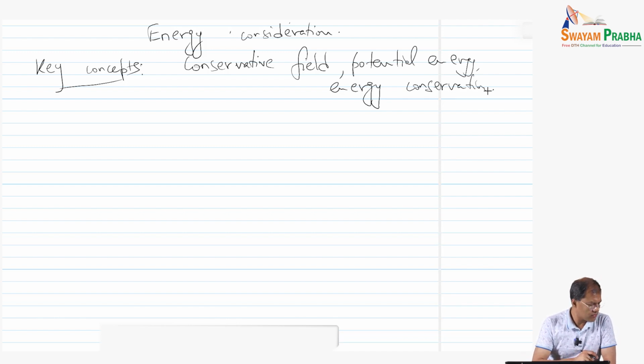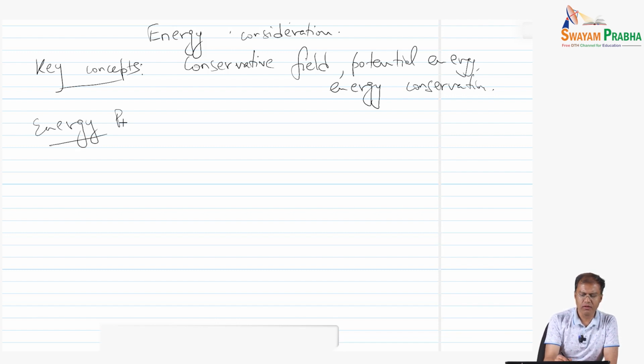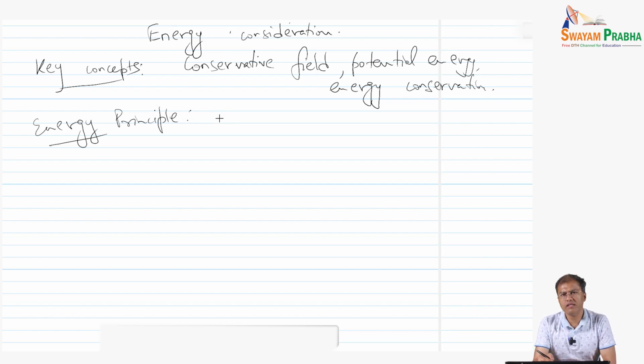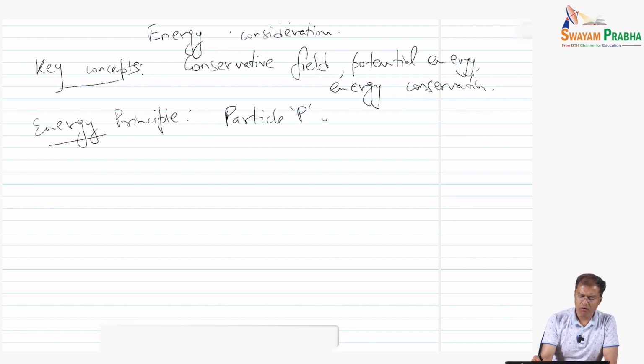Let us go back to our discussion starting from the so-called energy principle. So what does this say? We are going to derive the energy principle through Newton's laws of motion. The problem says that we have a particle P of mass m.